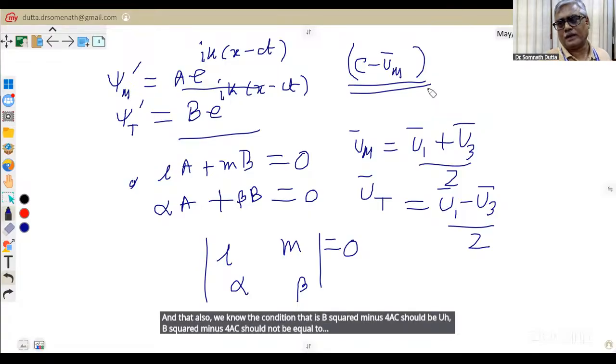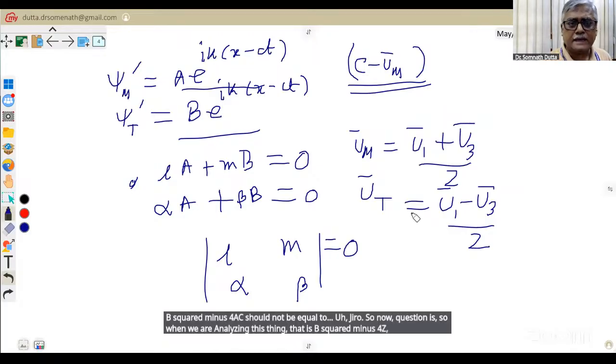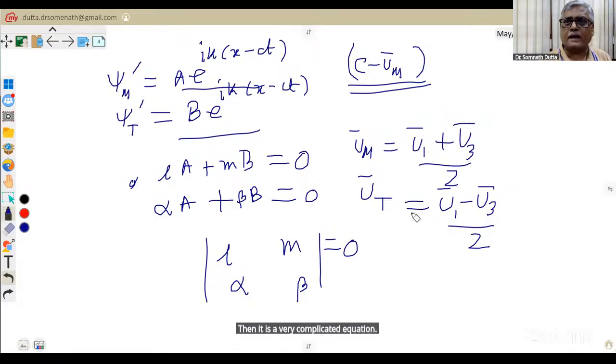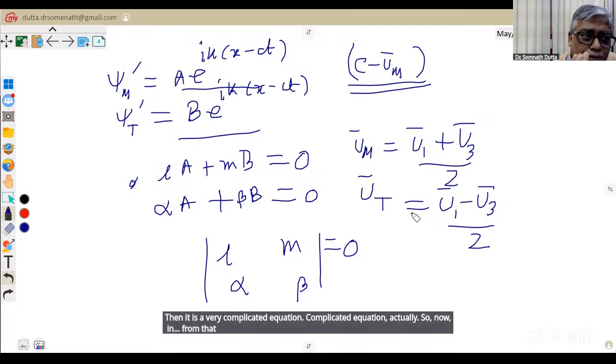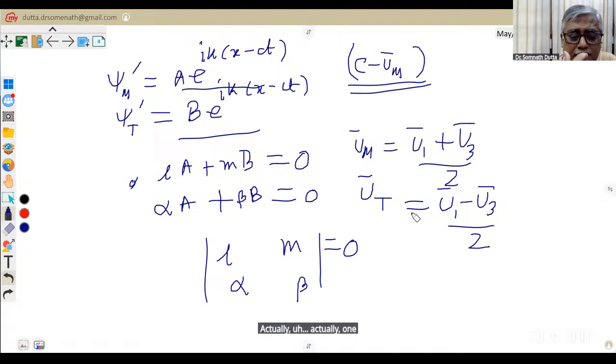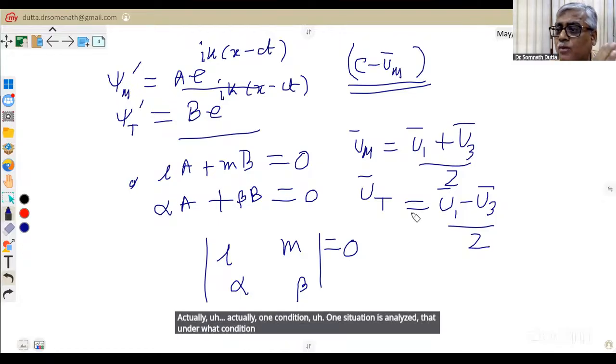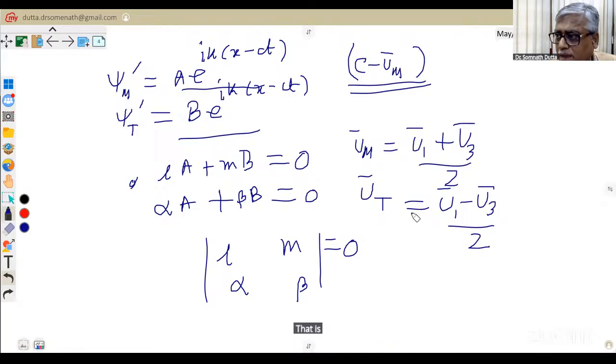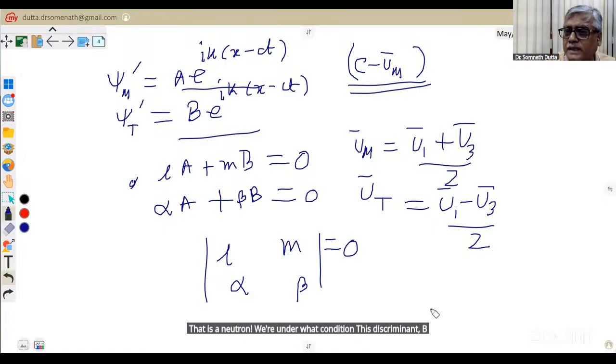Now, analyzing b square minus 4ac is a very complicated equation. So from that complicated equation, one situation is analyzed: under what condition this discriminant b square minus 4ac will be equal to 0, that is, neutral.